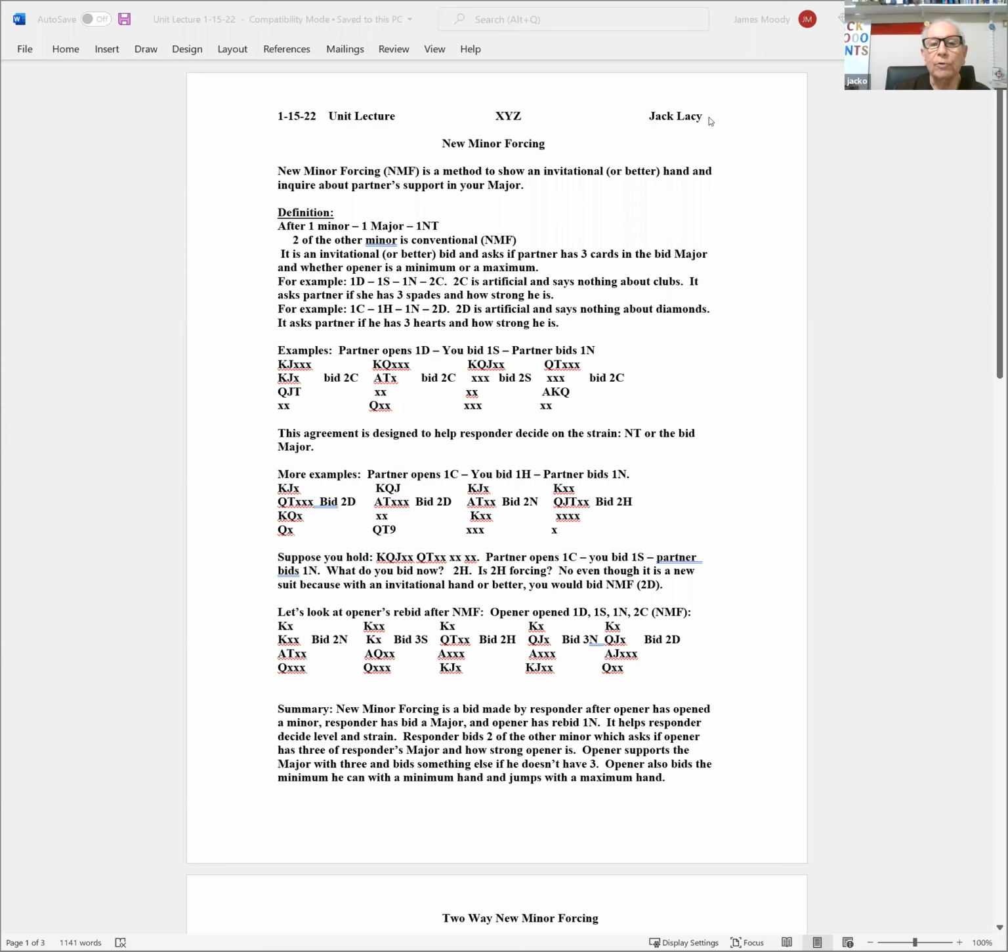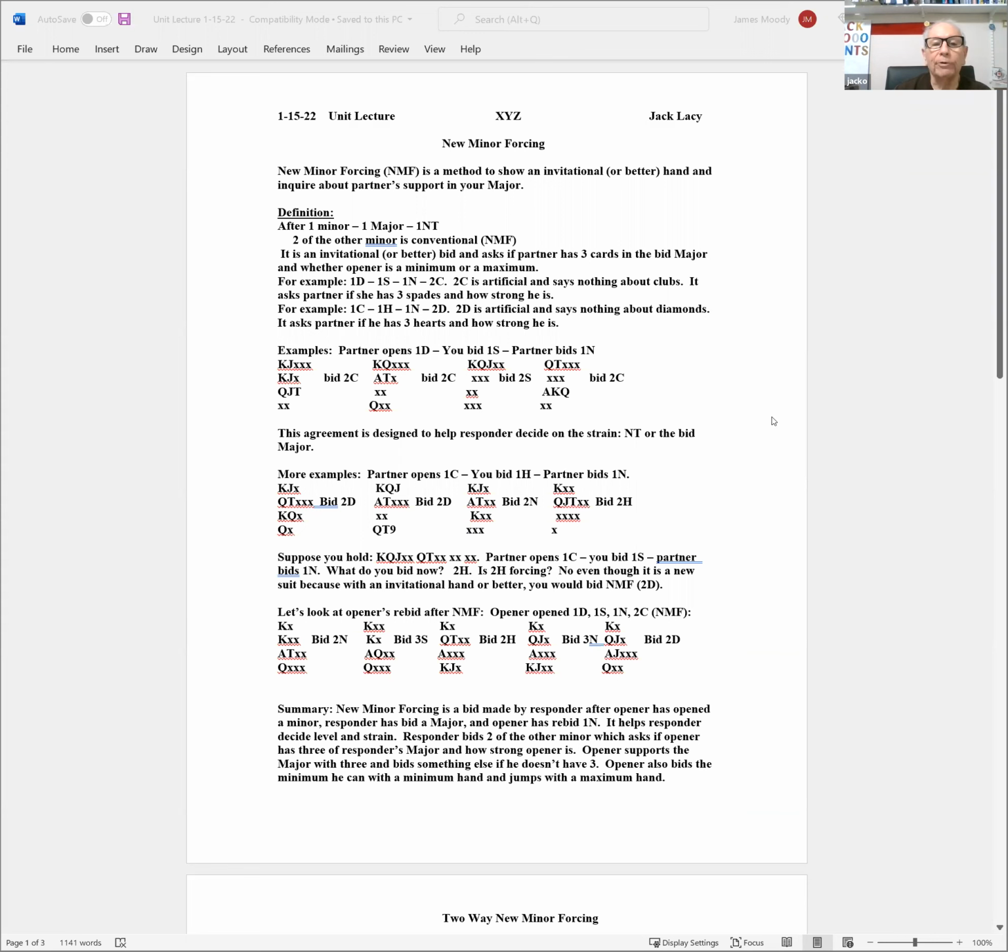It's an invitational or better bid, and asks if partner has 3 cards in the bid major and whether opening is a minimum or a maximum. Everybody I know knows that it asks partner if you've got 3 cards in the major. Most people don't know or don't play that there's a way for the opener to show minimum and maximum. So we'll see how that goes.